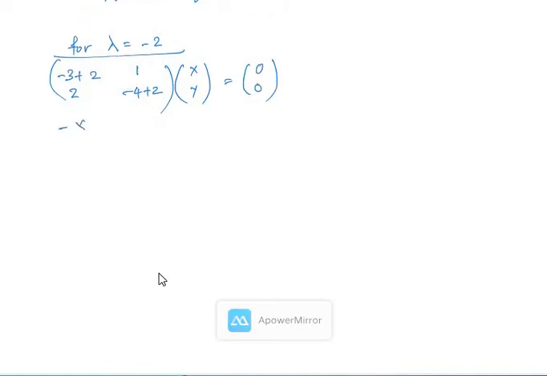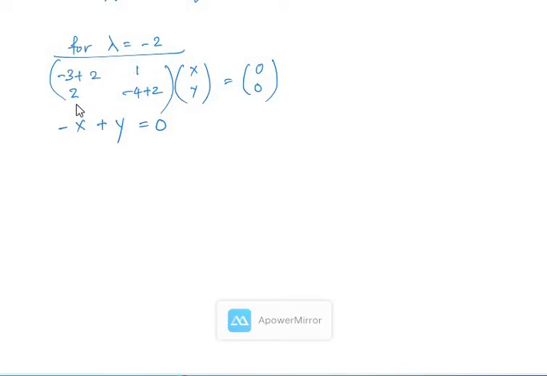So -x plus y equal to 0, because -3 plus 2 you get -1, multiplied with x is -x, plus y times 1, so you get positive y.